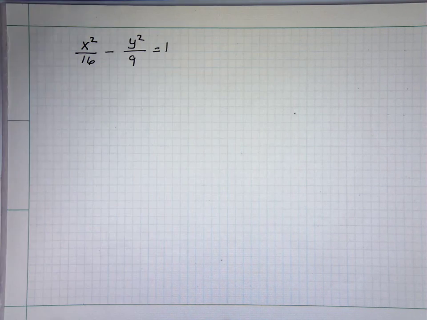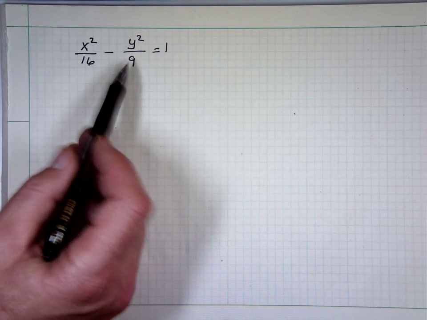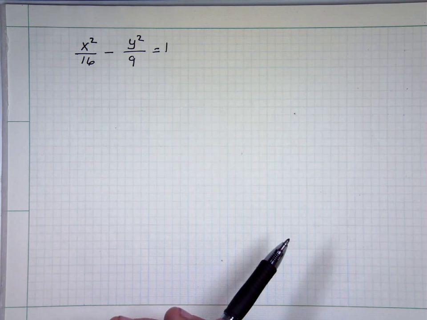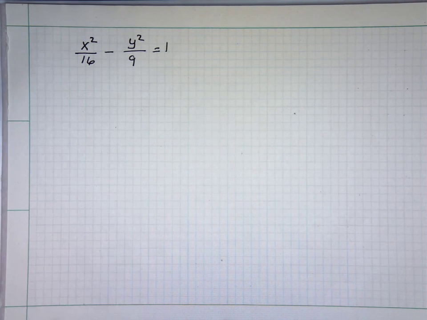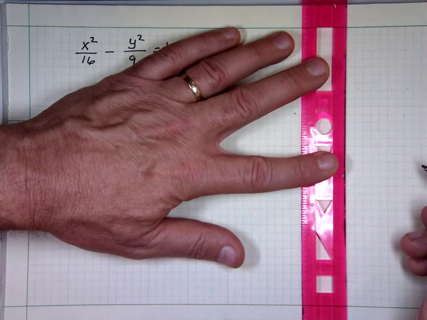Notice it's a minus, so we know it's a hyperbola. The positive one is which one, x or y? When you look at this, who's positive, x or y? X, so my graph is going to cross the x-axis.